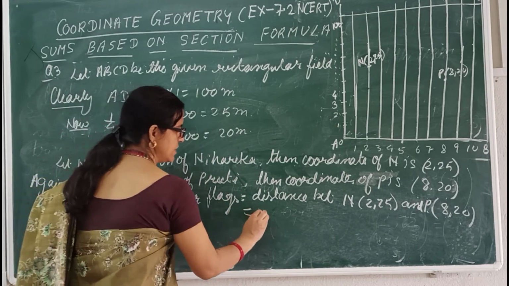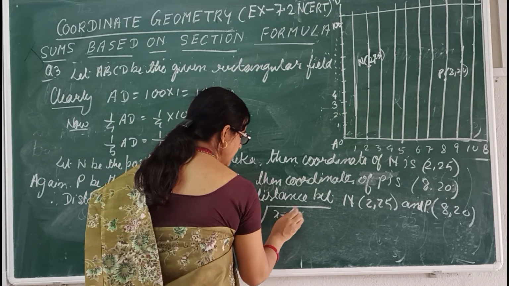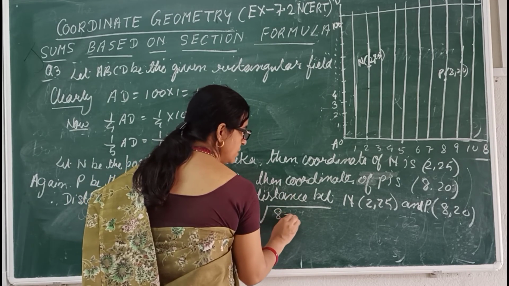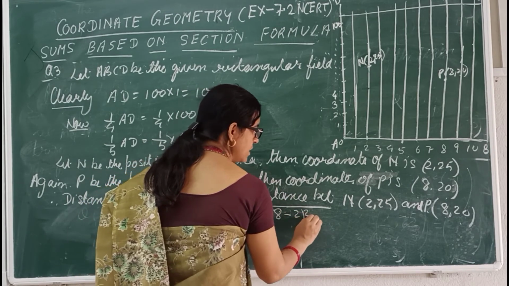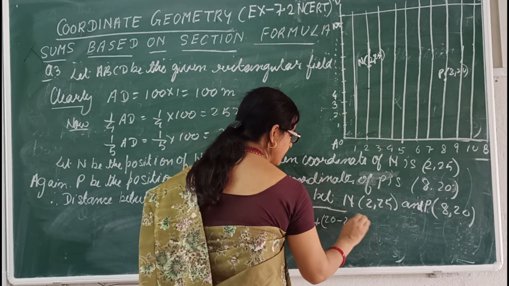So this will be equal to under root of, now x2 minus x1, so 8 minus 2 whole square plus 20 minus 25 whole square.